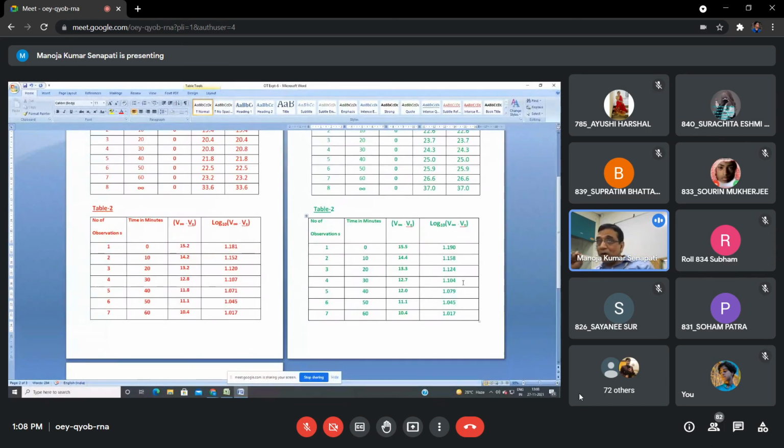You have to plot the point by considering the third decimal. You can easily plot with this scale. After plotting the points, draw the straight line. You have to be careful. Draw the straight line with minimum deviation.